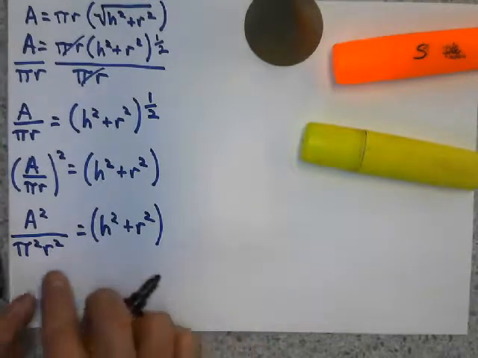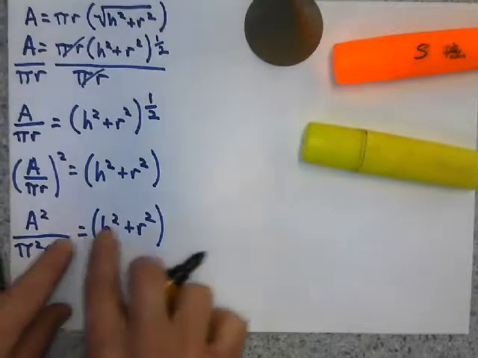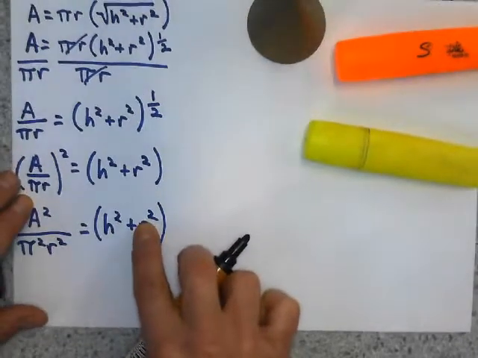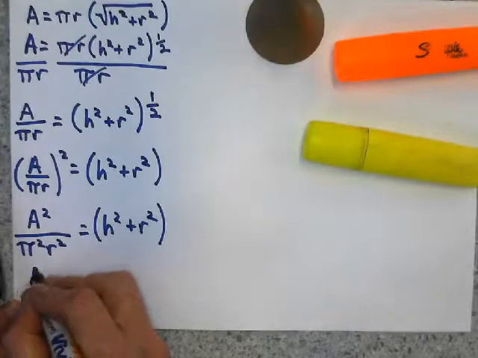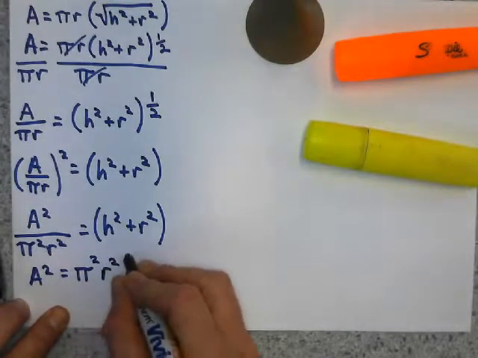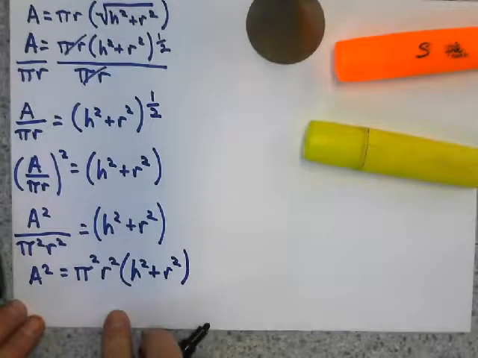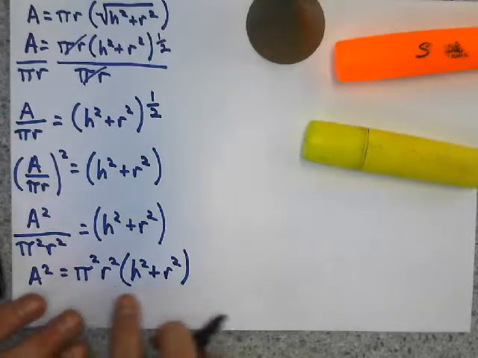Now what I did was multiply both sides by this pi squared r squared, so I got this over to that side. If you're following me, I get a squared equals pi squared r squared times h squared plus r squared. Well, that's a little bit better.